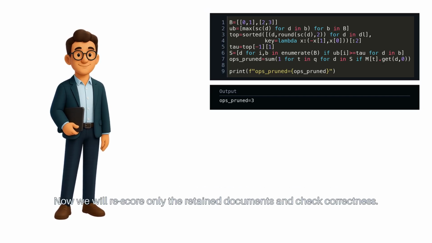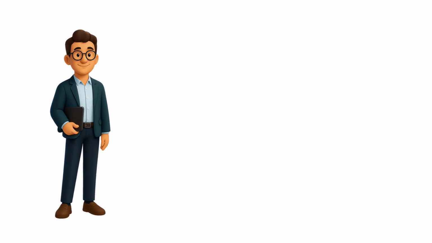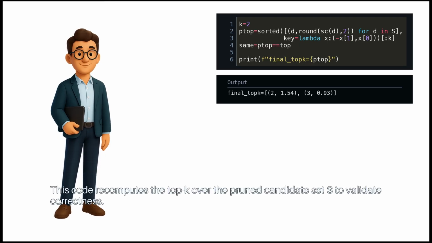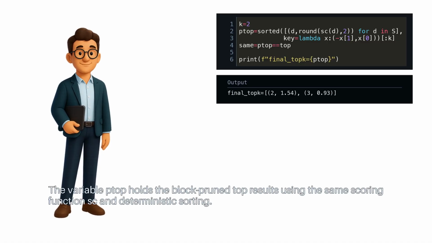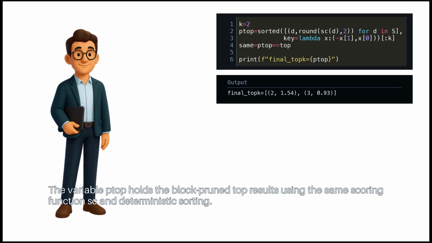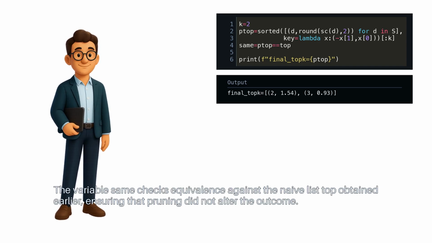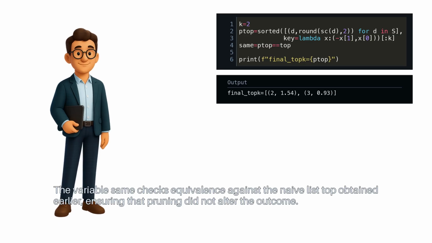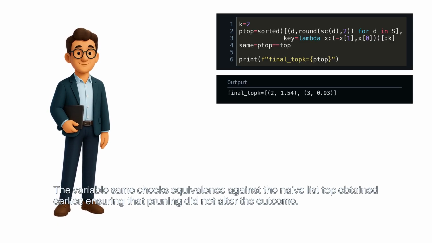Now we will rescore only the retained documents and check correctness. This code recomputes the top K over the pruned candidate set S to validate correctness. The variable ptop holds the block pruned top results using the same scoring function SC and deterministic sorting. The variable same checks equivalence against the naive list top obtained earlier, ensuring that pruning did not alter the outcome.